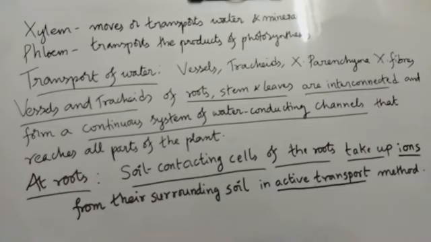When ions are taken up by the cells of the root from the soil, a concentration difference of ions between the soil and the cells of the roots takes place.